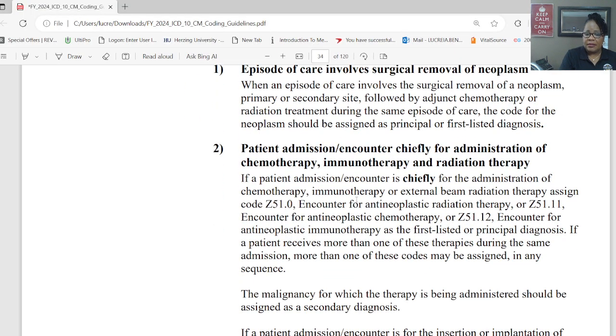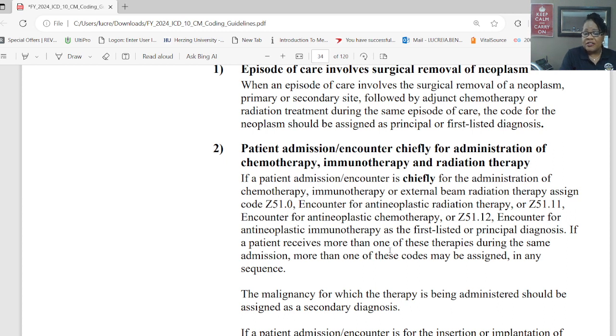If a patient admission or encounter is chiefly, and I highlighted chiefly, for the administration of chemotherapy, immunotherapy, or external beam radiation therapy, then assign Z51.0, as I told you earlier, encounter for antineoplastic radiation therapy, or Z51.11, encounter for antineoplastic chemotherapy, or Z51.12, encounter for antineoplastic immunotherapy as the first listed or principal diagnoses.